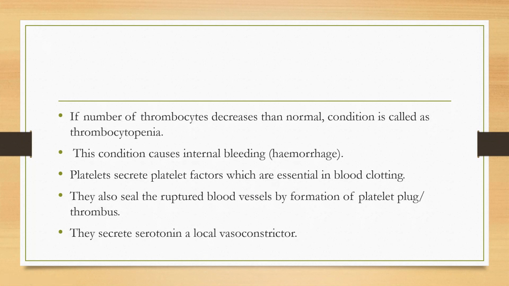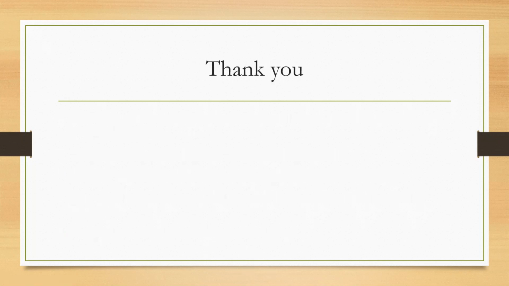Vaso means blood vessels, and constrictor means the diameter of the blood vessel constricts. It becomes small, so that no flow of blood is allowed at that local site. And so it is said they secrete serotonin, a local vasoconstrictor.